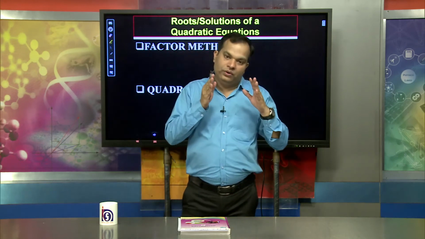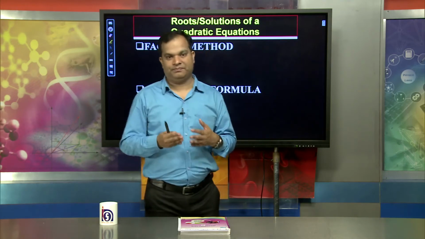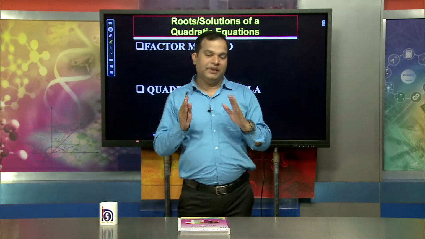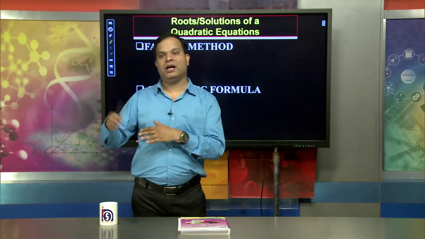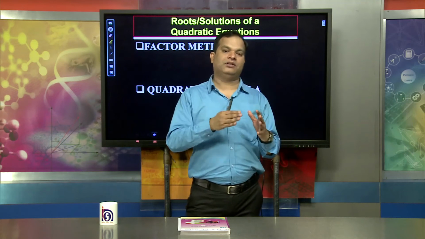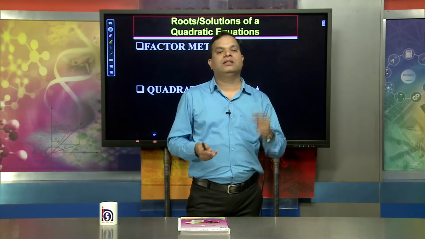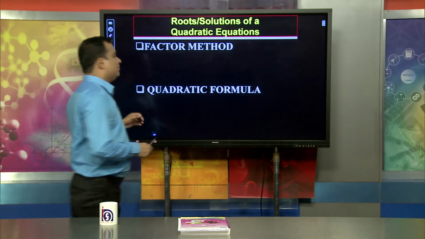We split the middle term 5x as 2x plus 3x. That means we split the middle term into two factors. Then when we solve the two factors, you will find the two solutions. That is known as the factor method.